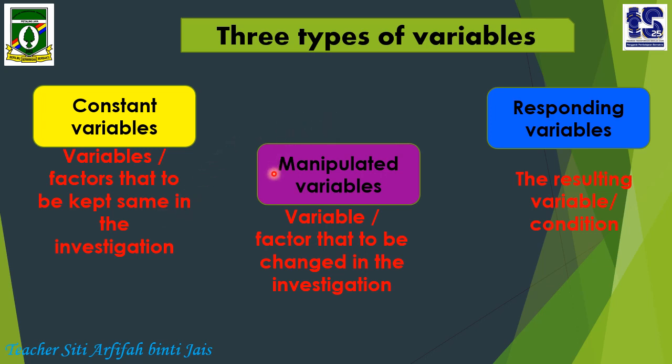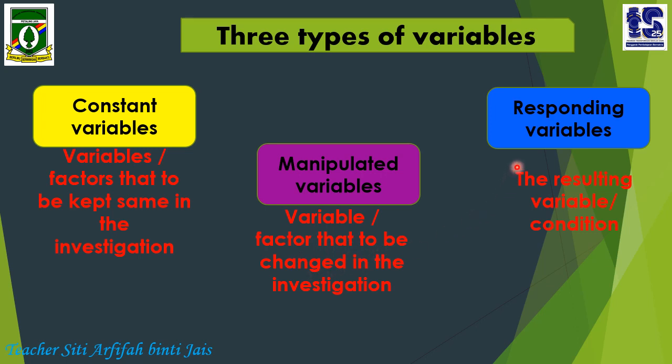Next, manipulated variables I put in purple color. This is the variable or factor that is to be changed in the investigation. The keyword is factor or variable that is to be changed.